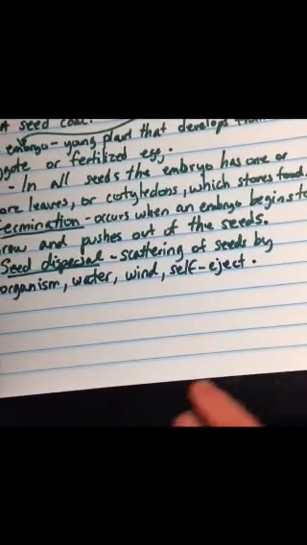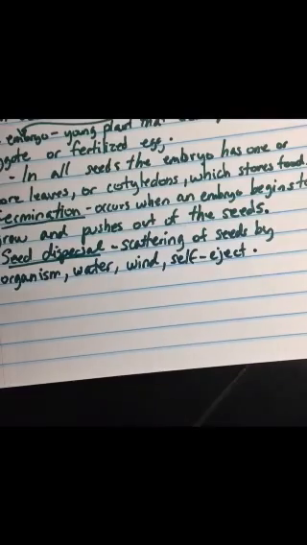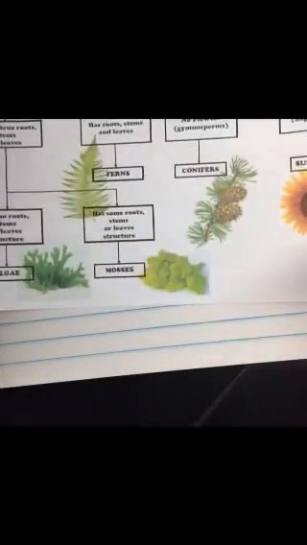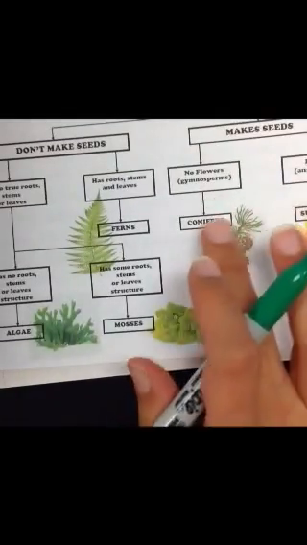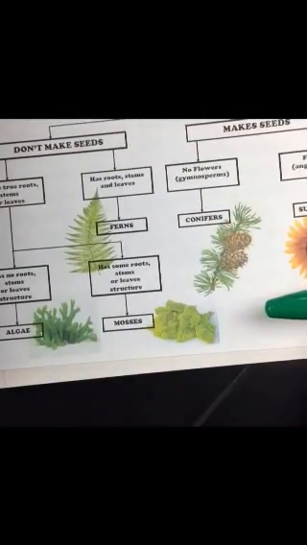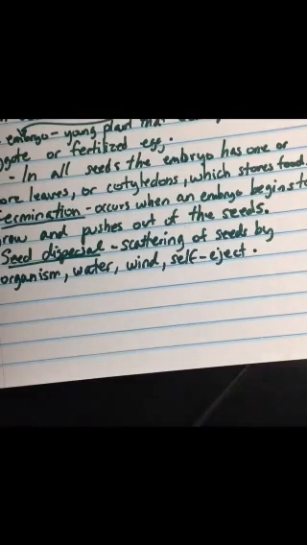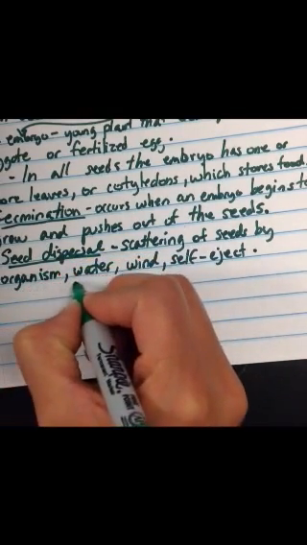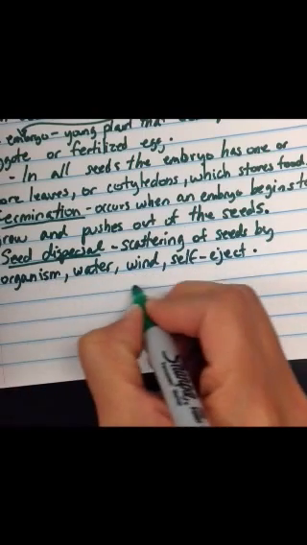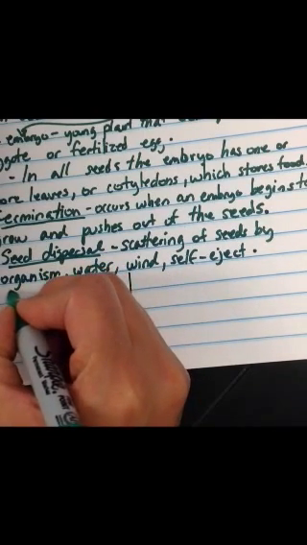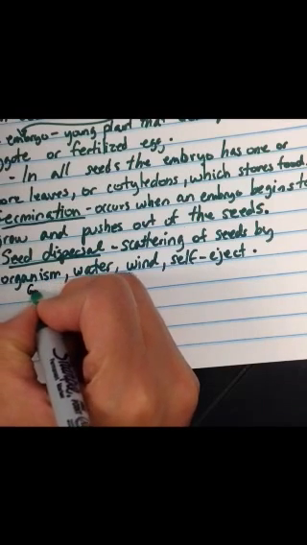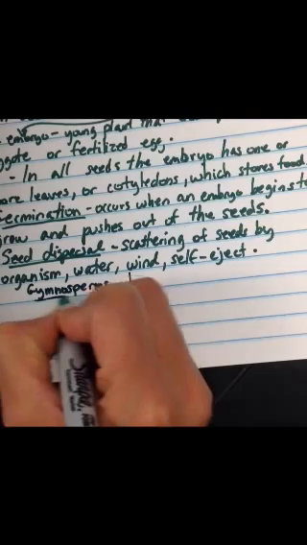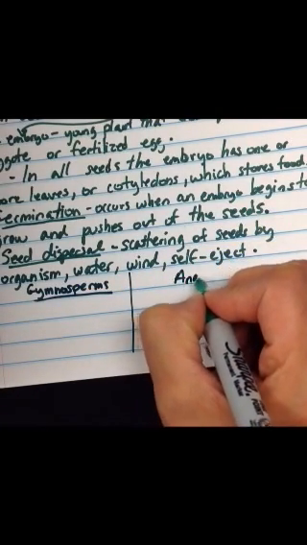Now, if you refer back to the sheet that you had at the beginning of this unit, you see that there are two types of seed plants, gymnosperms and angiosperms. So we're going to write a little bit of information about them. We're going to make a little table. We have gymnosperms, and we have angiosperms.